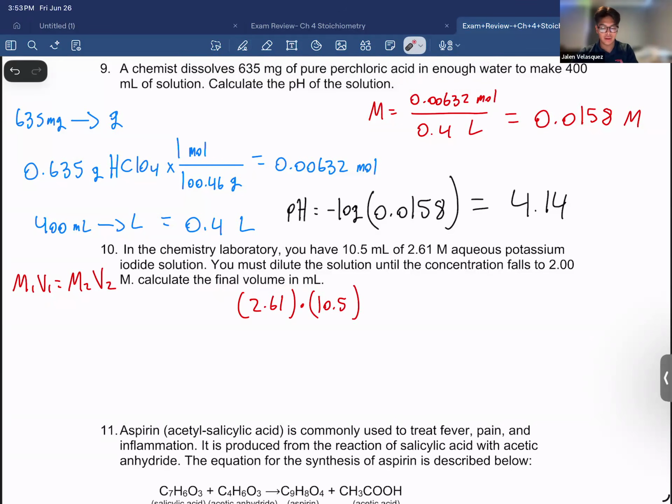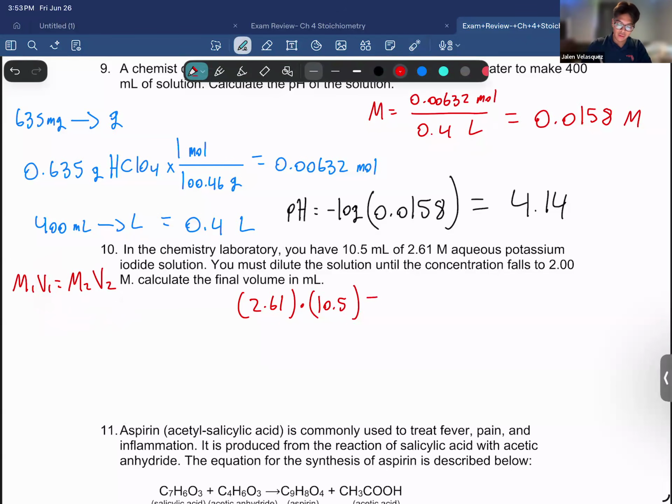Like how we just did molarity, the volume has to be in liters, but for dilution here, the volume could be either milliliters or liters. It doesn't matter, it just has to be consistent on both sides. So that's M1, that's V1. M2 we have, which is 2 molar times the final volume I'm solving for.